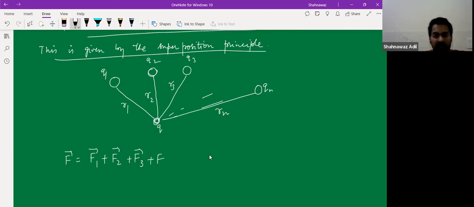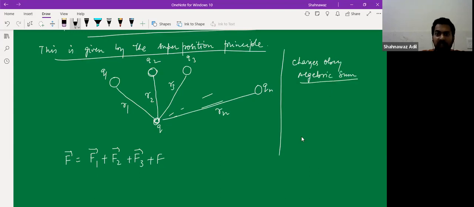So in the previous class, or just a moment ago, we learned that charges obey the algebraic sum of the individual charges, right?